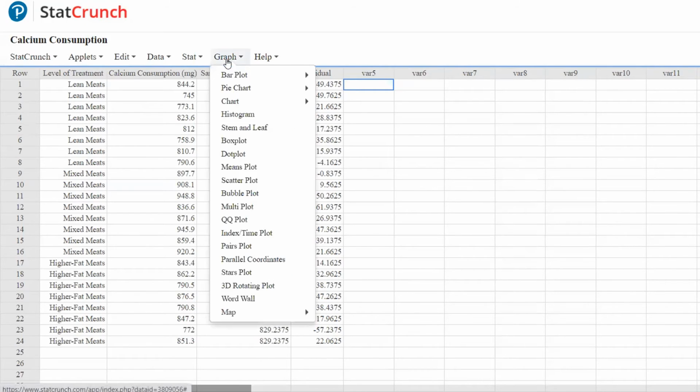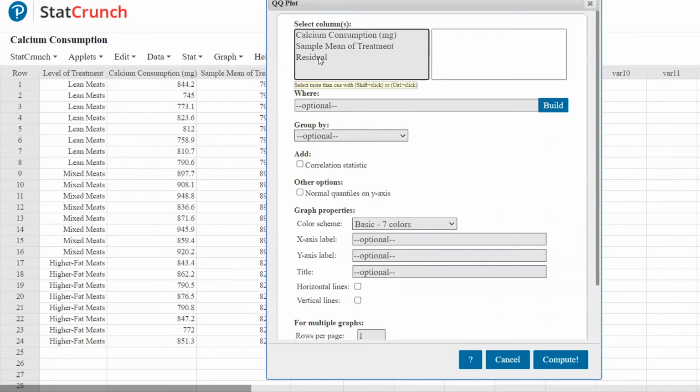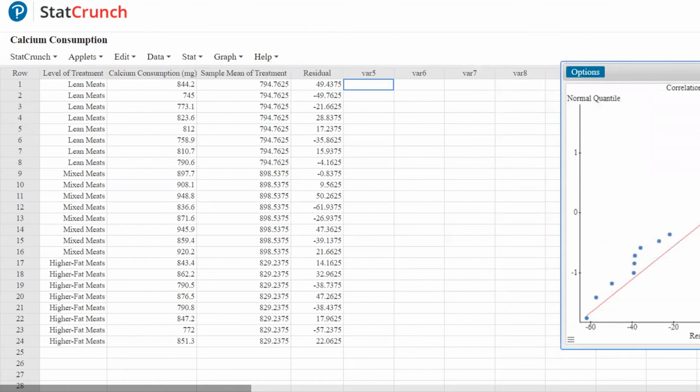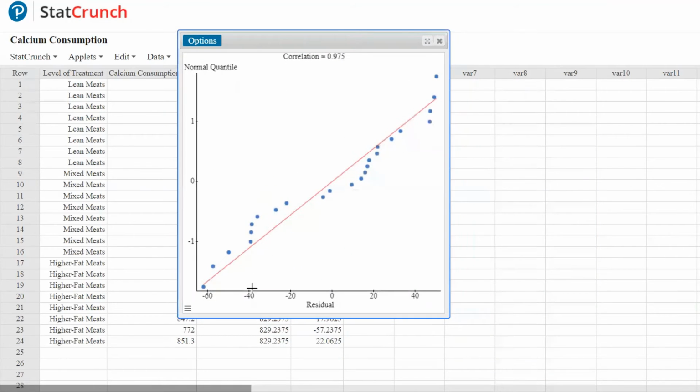So I'm going to go to Graph, and then QQ plot. I'm going to select residuals because that's what I want to do a QQ plot of. I'm going to have it calculate the correlation statistic, and I'm going to put the normal quantiles on the y-axis and say compute. When I do that, I get this QQ plot. Now, the correlation statistic is 0.975.